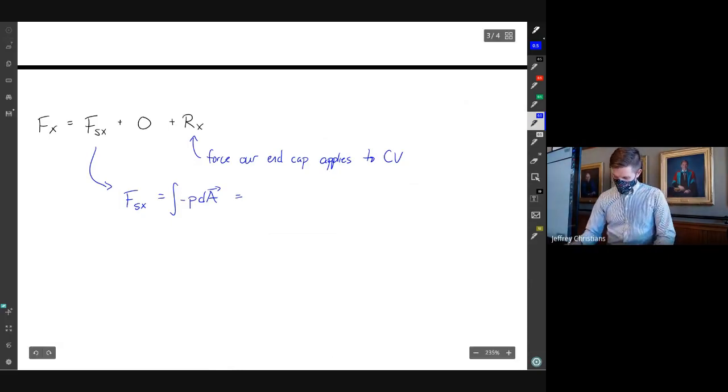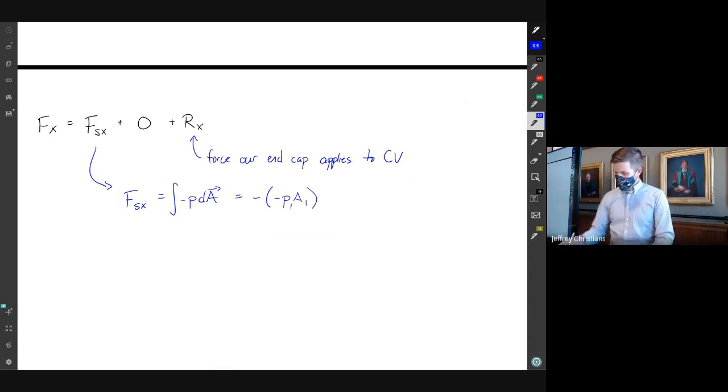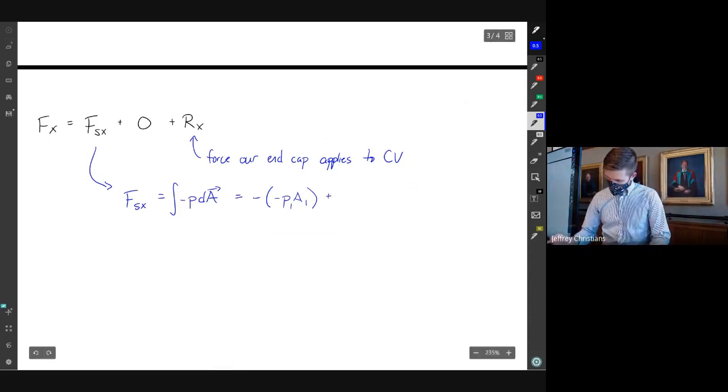So this is minus P1 A1, and then negative P1 A1, because A1 is in the negative x direction, plus minus P2 A2.